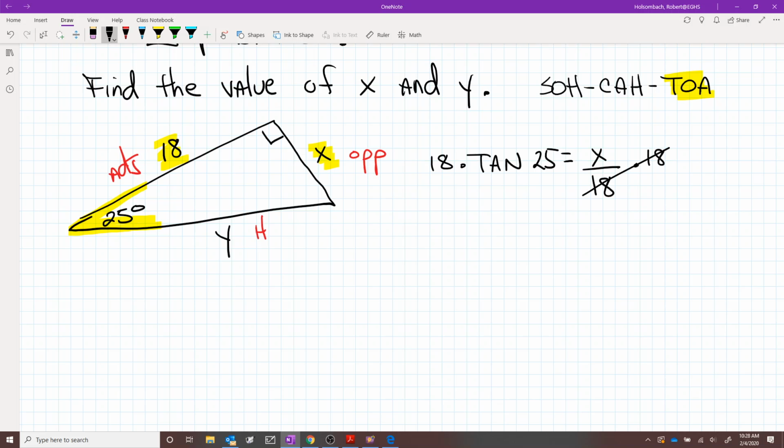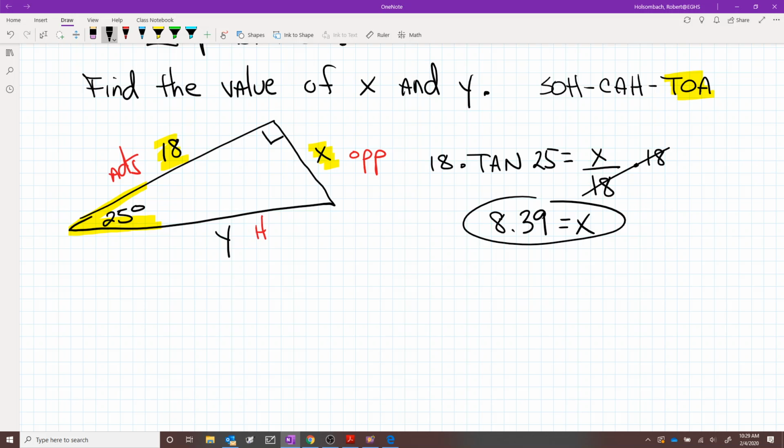These 18s cancel. And then in your calculator, it's 18 times 25 tan. And you should get 8.39.